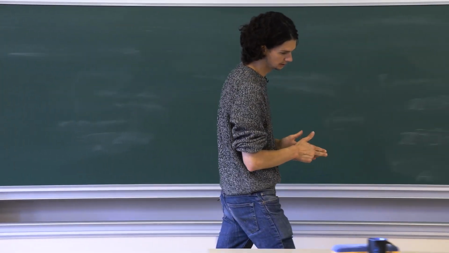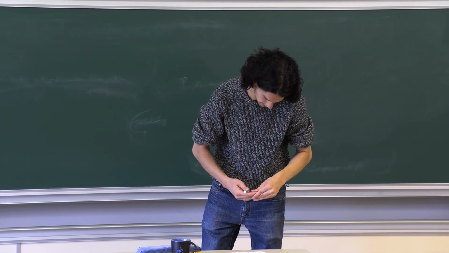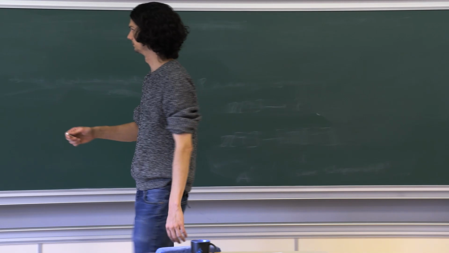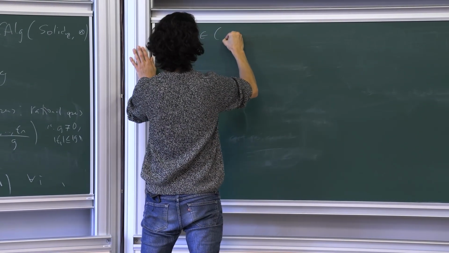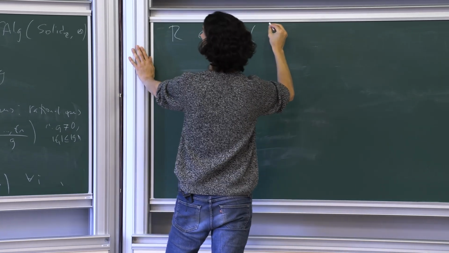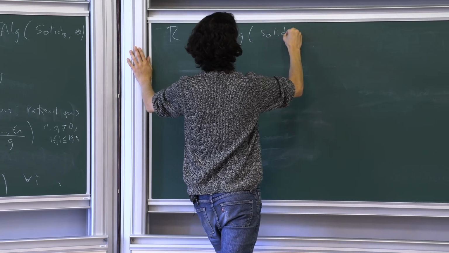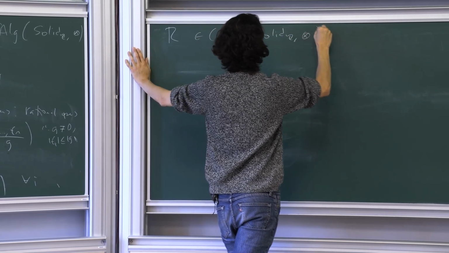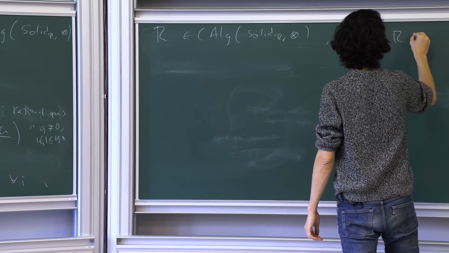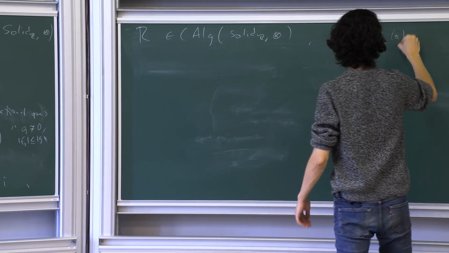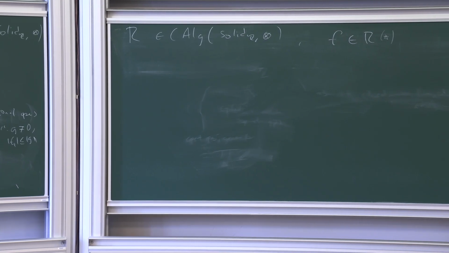Let's see. Let's start with this generality. So we have a solid ring R. And let's take an element f in R, or really I should say in the underlying discrete ring of R in case there's ambiguity.